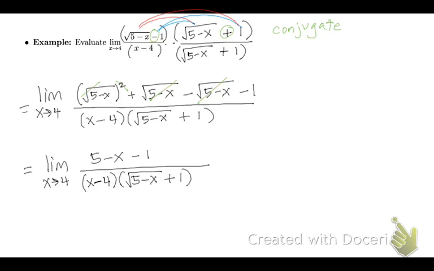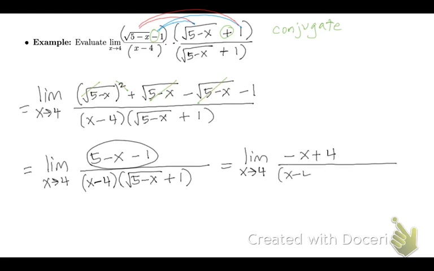All right, and at first glance, this may look a little bit disappointing because on top, okay, if I simplify up here, the 5 minus 1, I get a 4 minus x. Or actually, let's write that as -x plus 4. And then on bottom, I've got x minus 4.